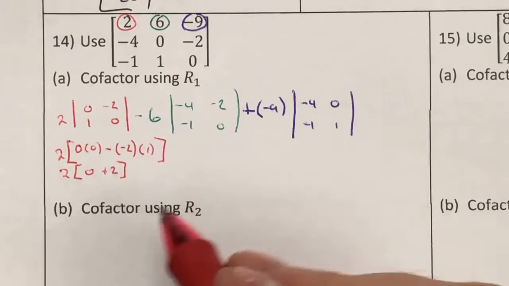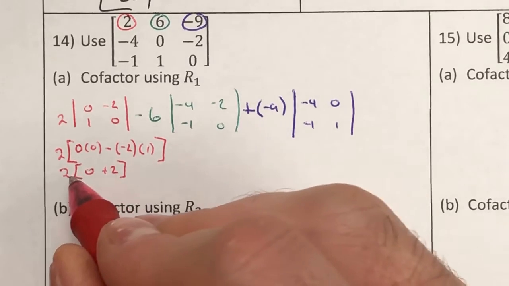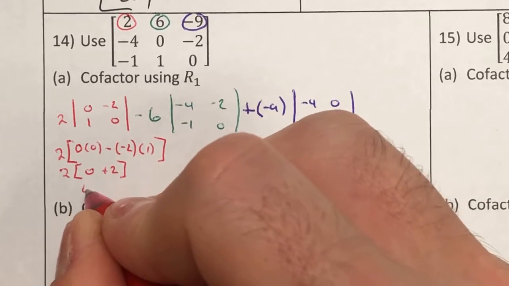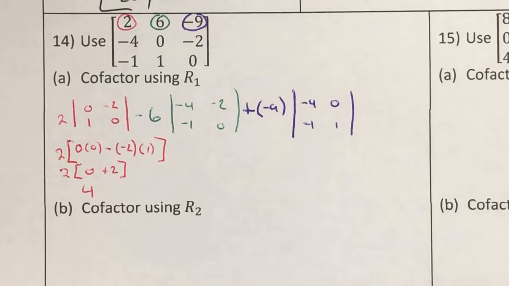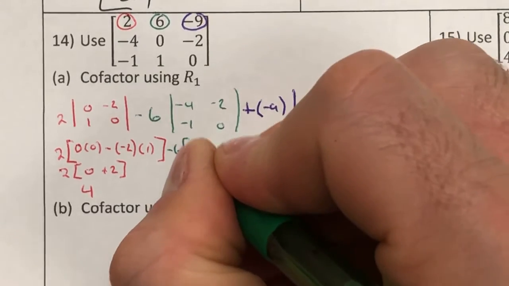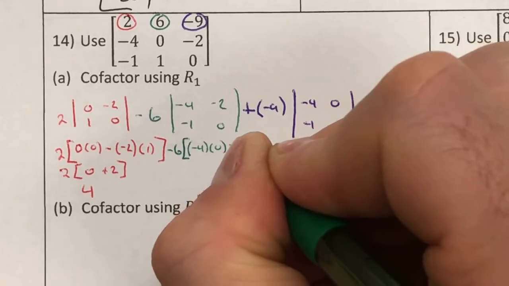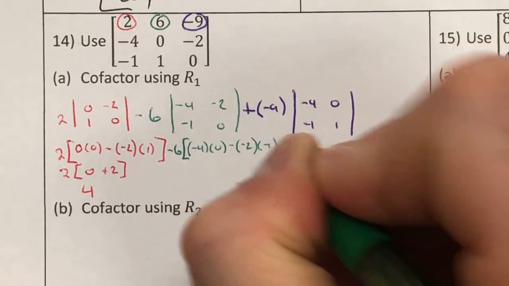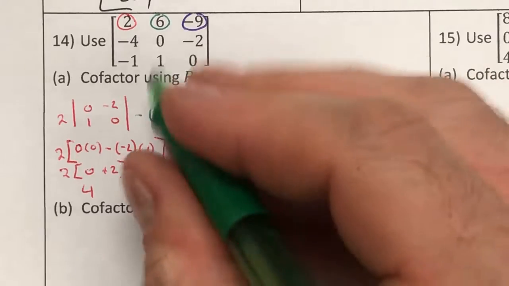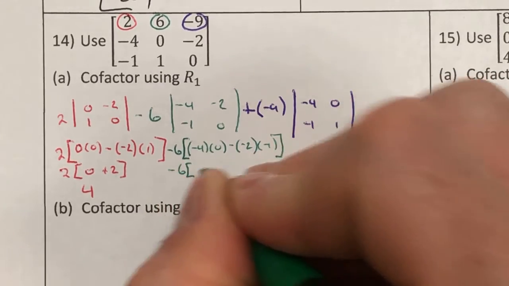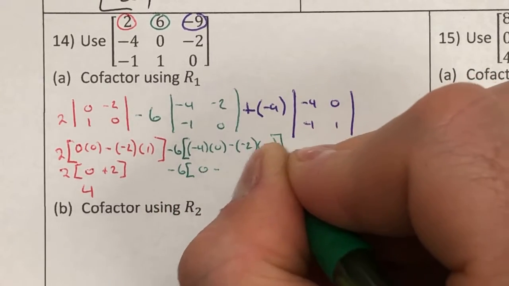So this is going to be, let's see, 2, so 2 times 2 is 4. ADBC, so negative 4 times 0 minus negative 2 times negative 1. So positive, negative.